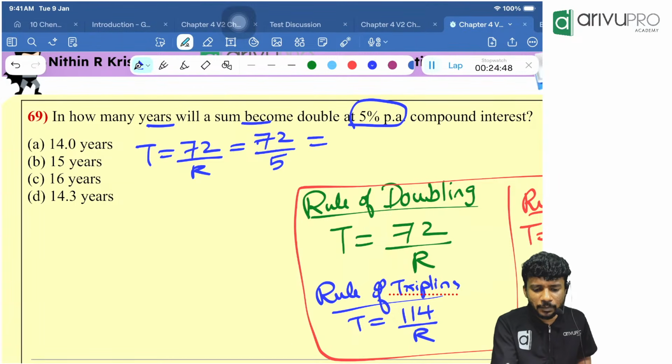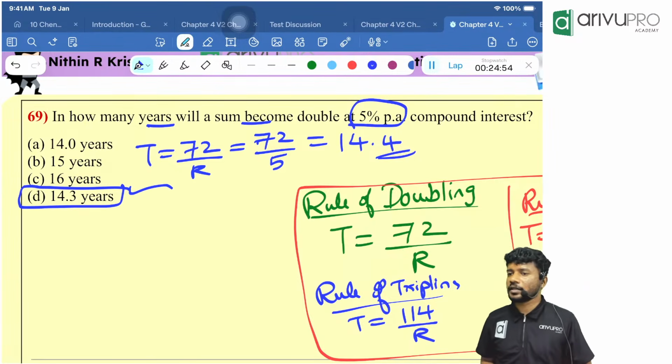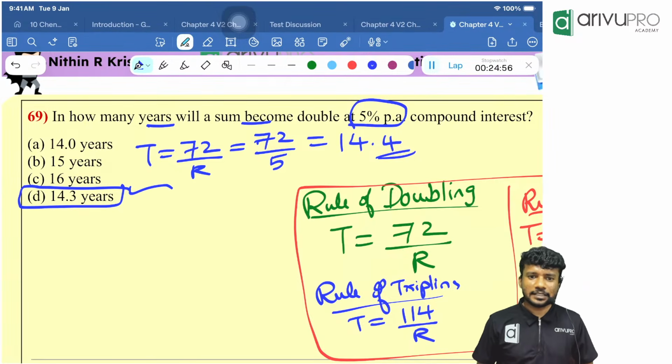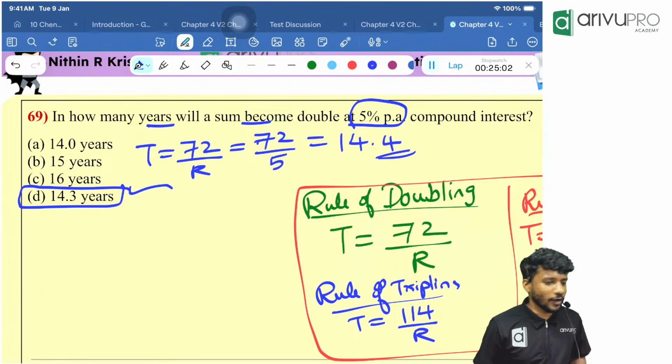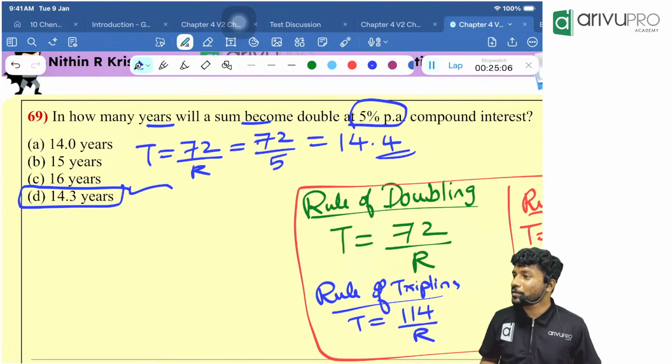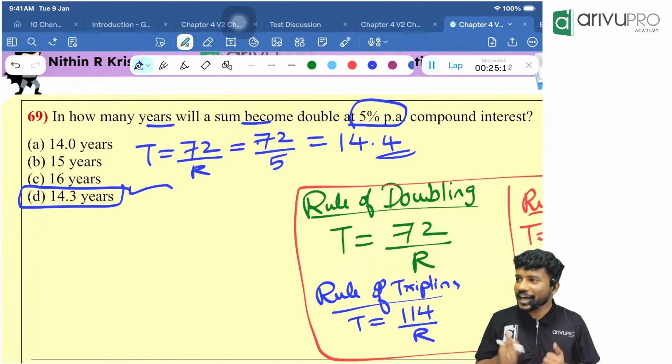How much is it, people? 14.4, which is approximately 14.3 years. Okay, done. What if the question was tripling? 114 divided by R. What if the question was 4 times? It is 144 divided by R.